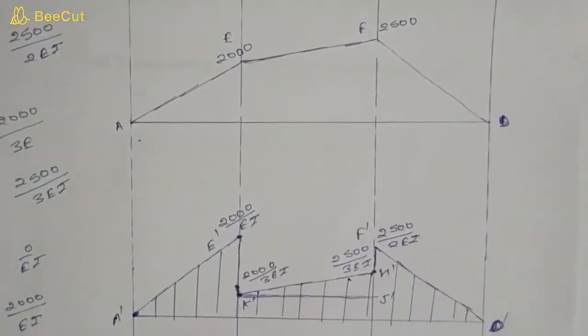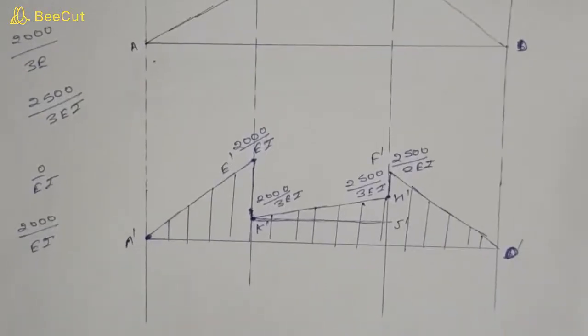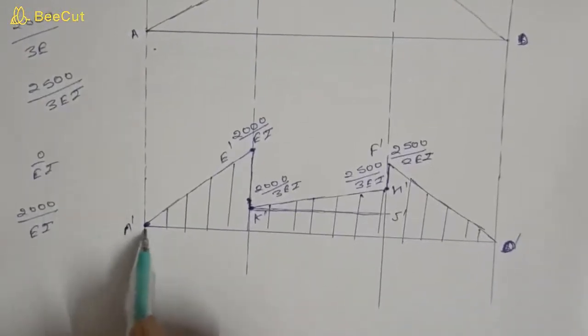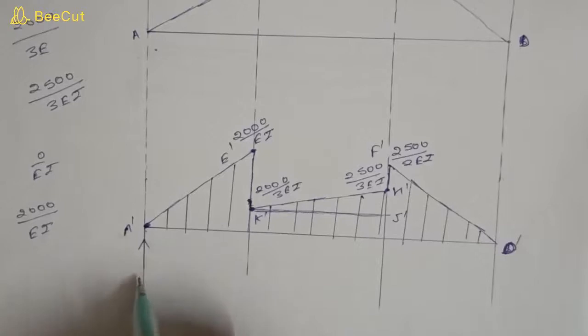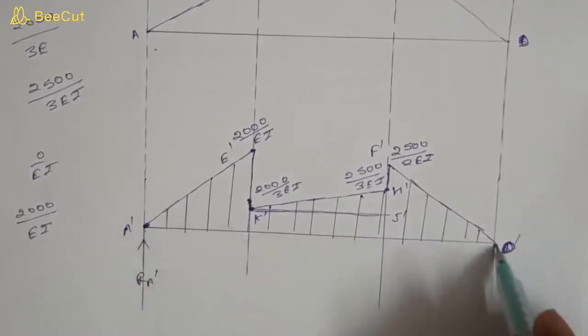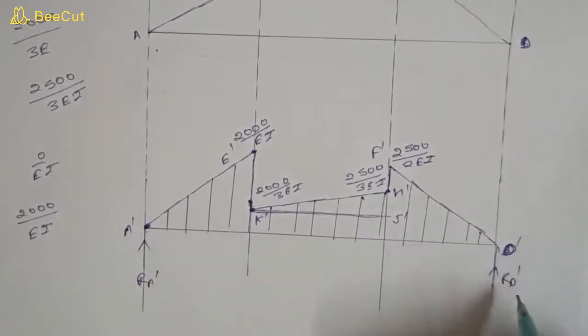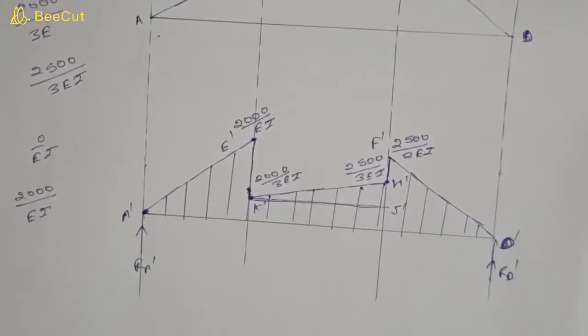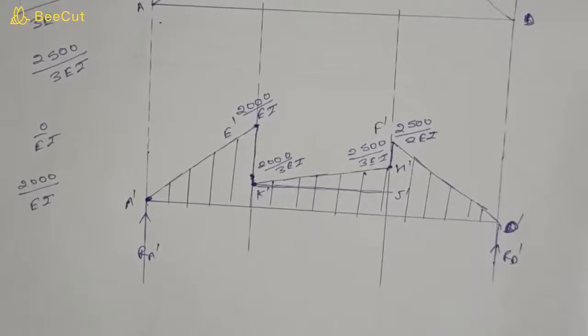Now we have to find the reactions RA dash and RD dash. So how to find? Sum of all the vertical forces should be 0.